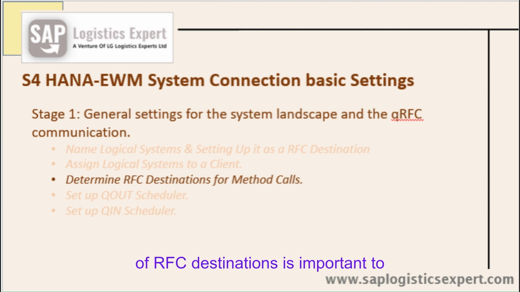Proper assignment of RFC destinations is important to enable real-time data exchange and avoid errors during method execution. In the context of S/4HANA and EWM integration, maintaining the correct RFC destination in BD97 ensures smooth and reliable communication between the systems.